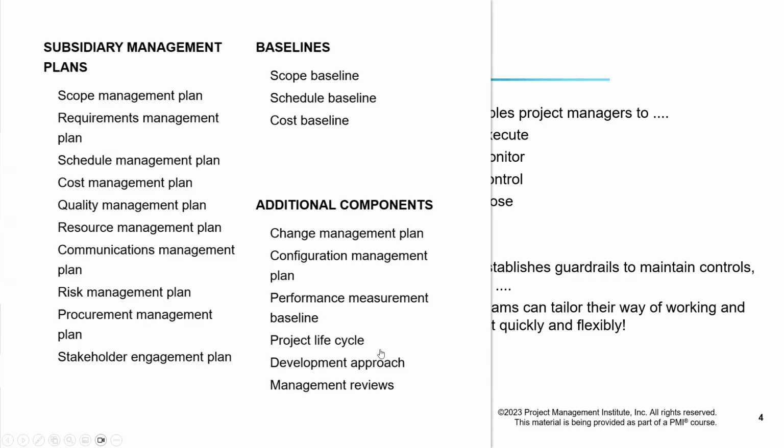What different types of project life cycles are there to choose from? What are the various development approaches to choose from? And then are the management reviews. How the management reviews are going to be conducted. All of these things could be part of your project management plan.